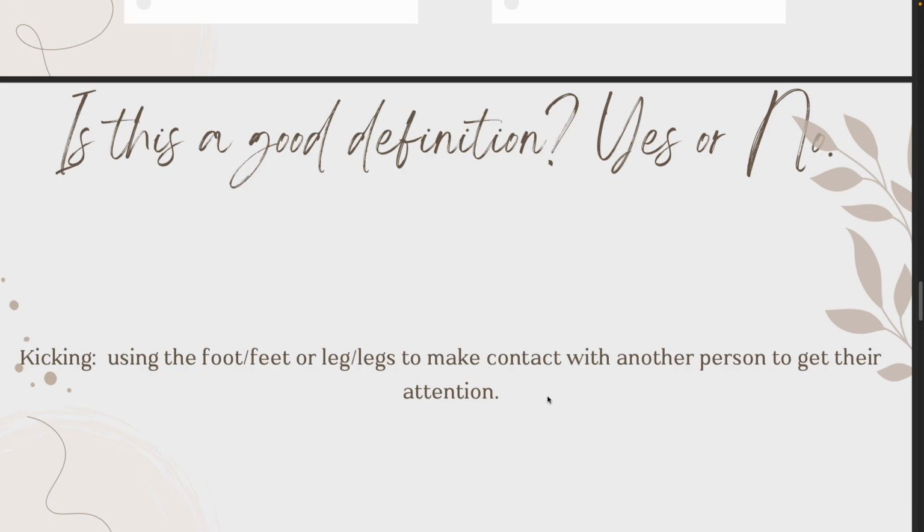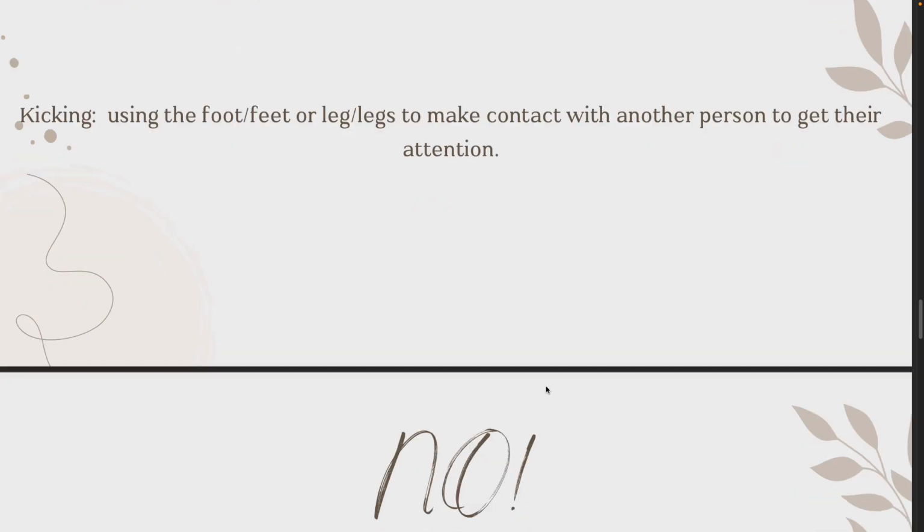To get their attention is the function. And in our operational definitions, we do not use the function of behavior. Okay? So stay away from that. And this example also lacks examples and non-examples. Okay? So it's actually not a full definition.